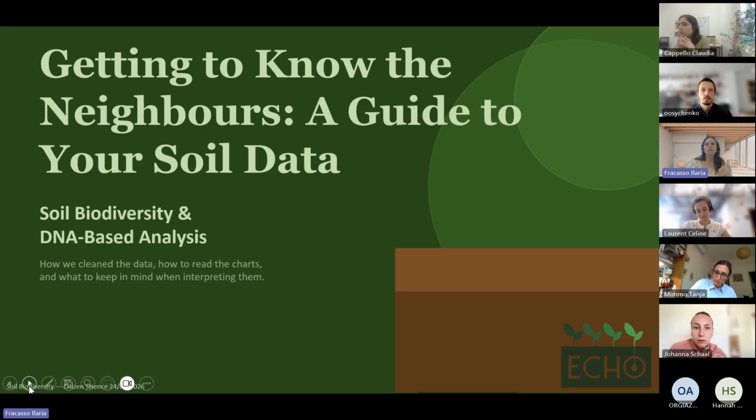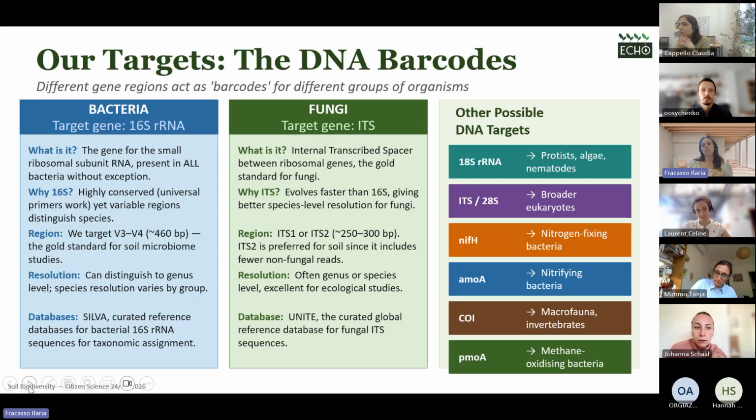But how did we study the biodiversity, and how can you read your results? First of all, we studied these organisms using DNA. DNA is a molecule which is present in all organisms, both living and dead. And to study them, we selected a short section of this molecule, which is called a barcode. A barcode is like a biological passport.